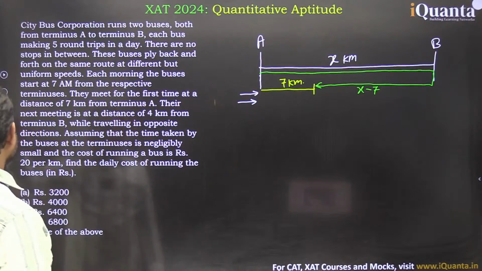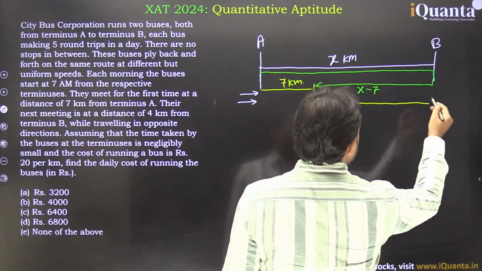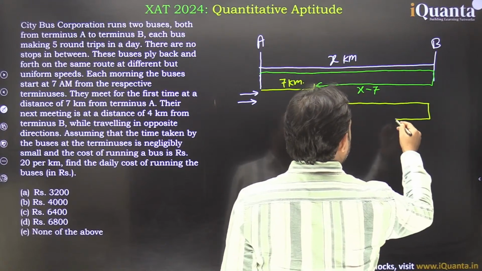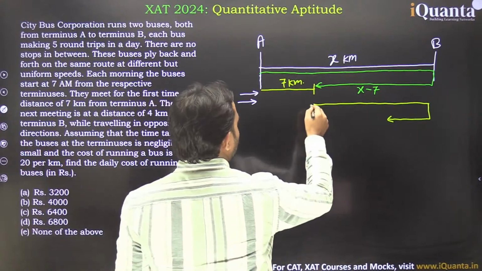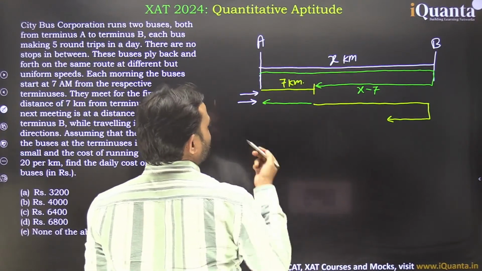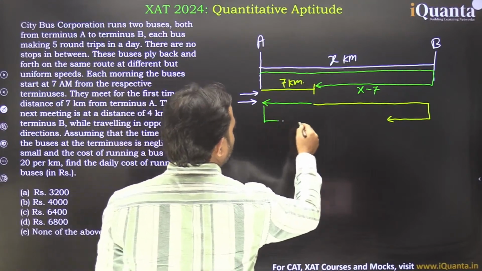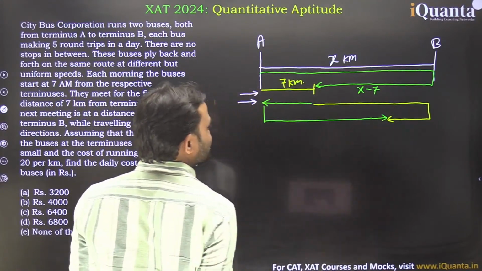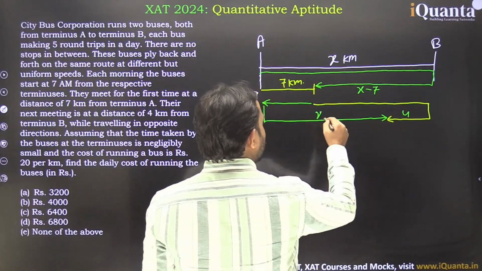In the second case, this bus is going to B and then coming back, and this bus, the green one, will be going to A. Both of them are going in the same direction, right? Yes. So from here to here, this will be the scenario. And this distance is 4. If this is 4, this will be X minus 4.